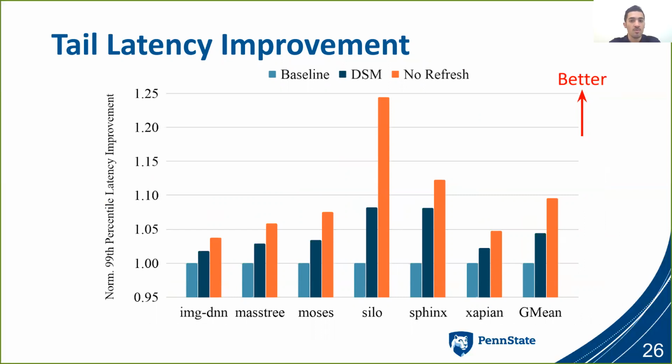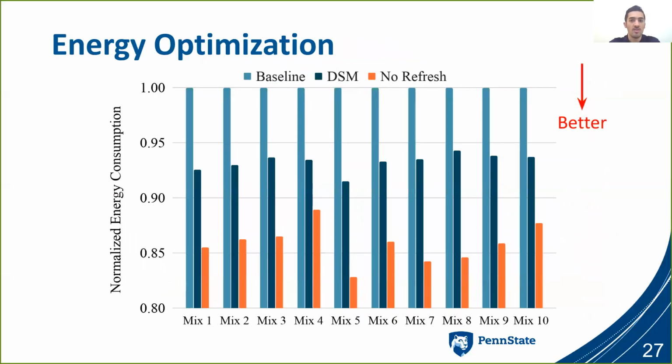And DSM can improve the 99th percentile latency of tail-latency-sensitive applications by up to 8.2% and 4.4% on average. Finally, we evaluated the effectiveness of DSM on optimizing the energy consumption of memory. DSM reduces the memory energy consumption by up to 8.5% and 6.7% on average, which simply is by skipping the unnecessary refresh commands in DRAM.